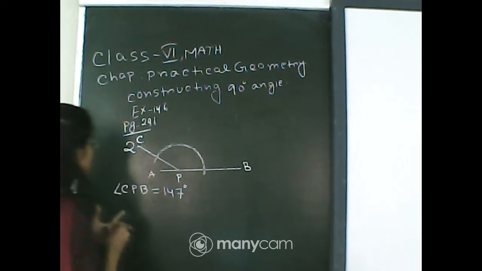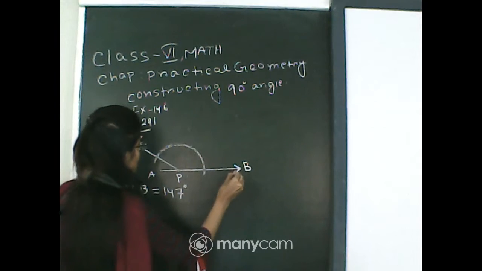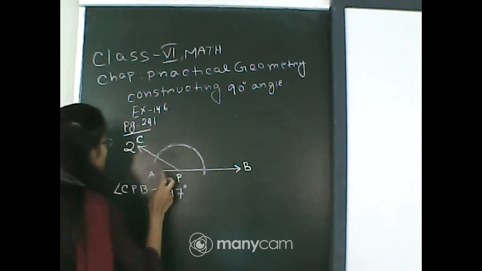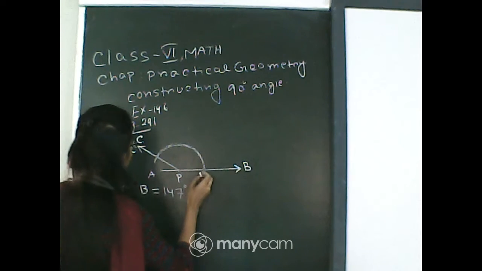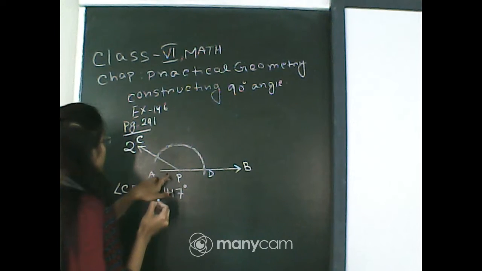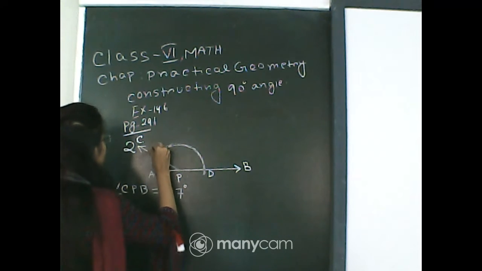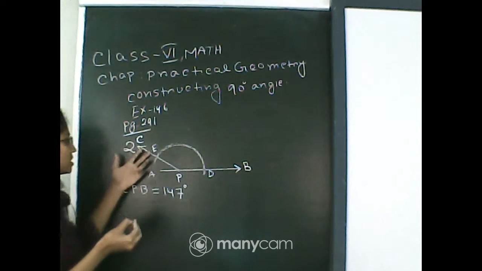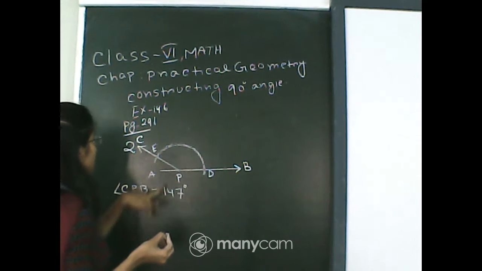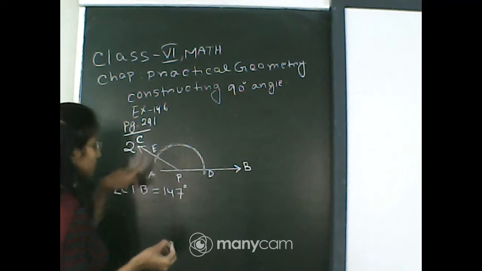Suppose this arc cuts the ray AB at D and the ray PC at E.